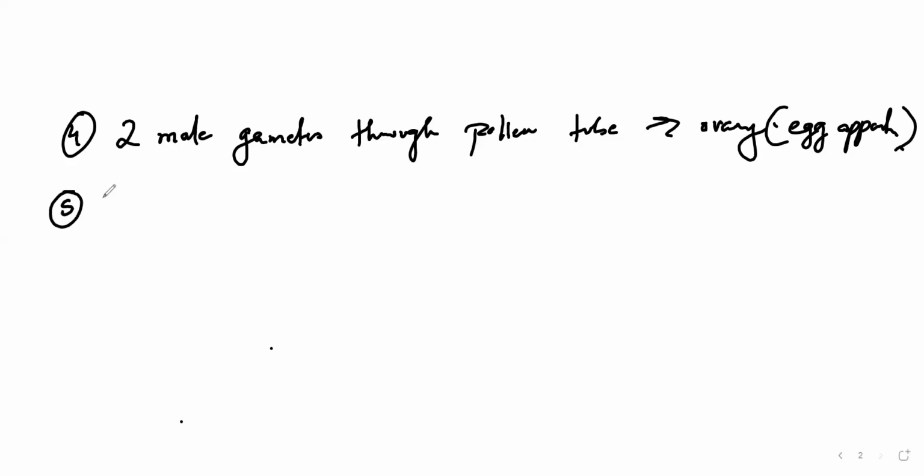So the fifth step is rupturing of tube to release male gametes.